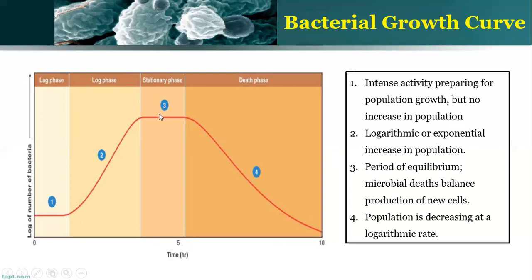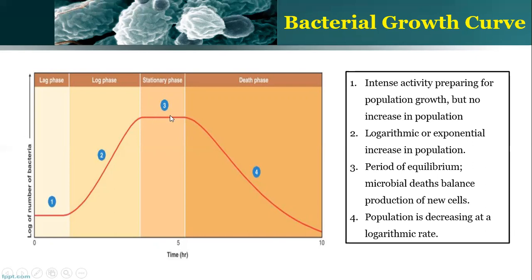So at a certain period of time, if you are not adding fresh medium to the bacteria, or not transferring the bacteria to another fresh medium, then there occurs a static phase, which is known as the stationary phase. In the stationary phase, the number of organisms growing and the number of organisms undergoing death is equal.